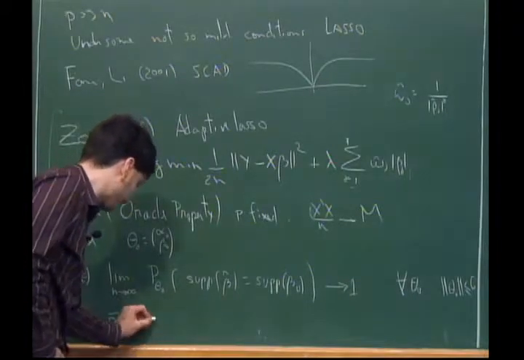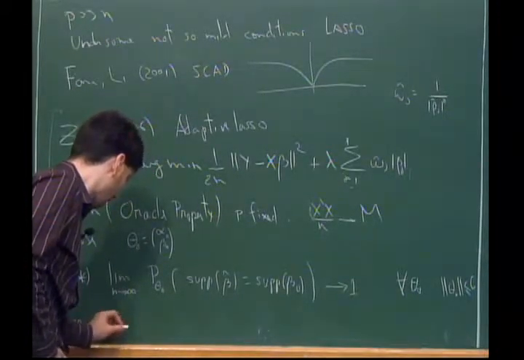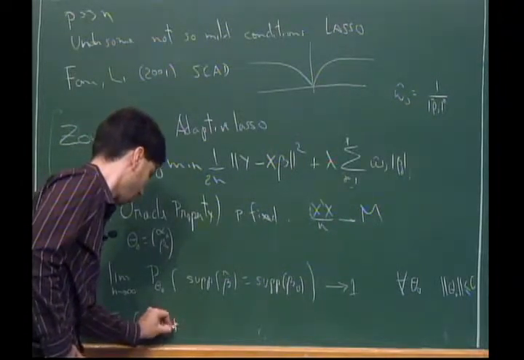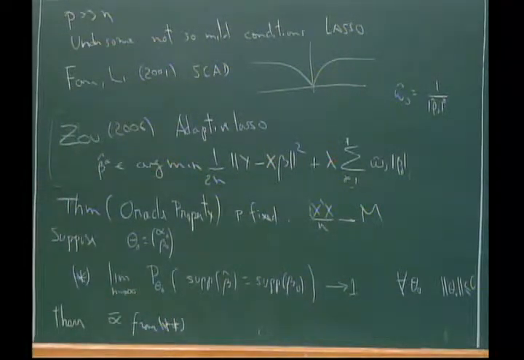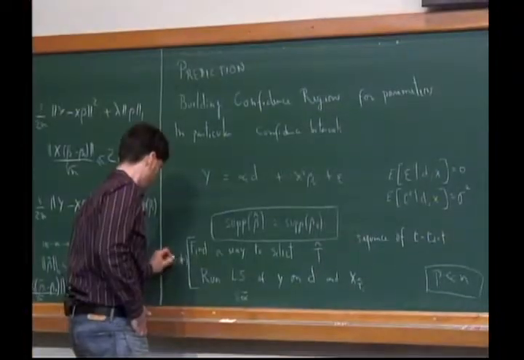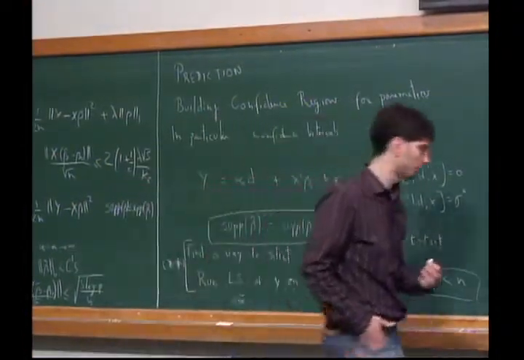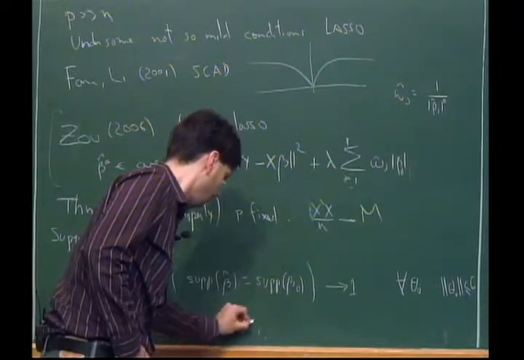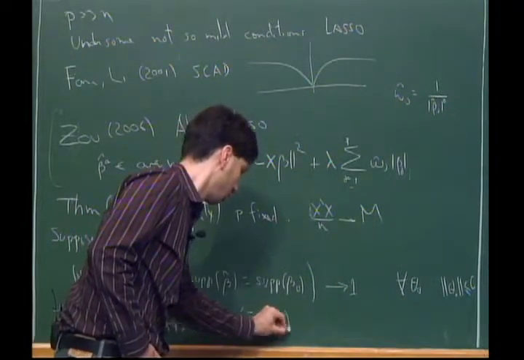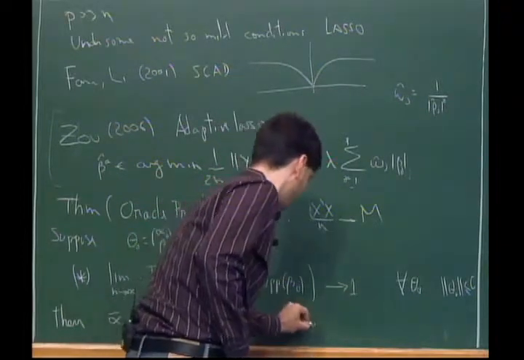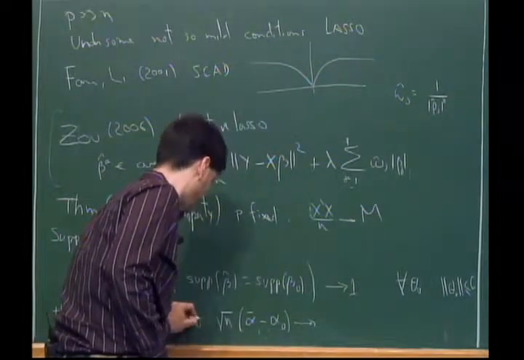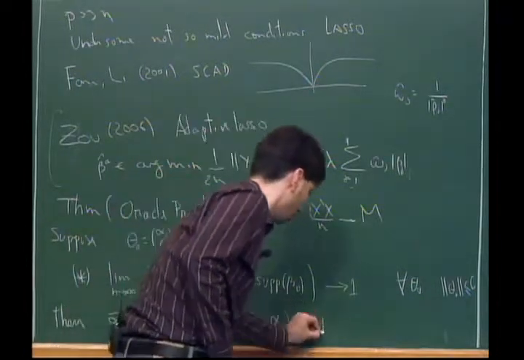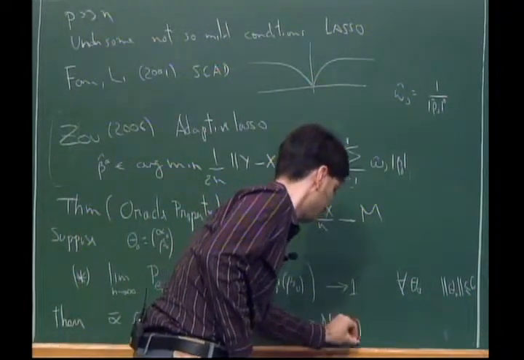Then alpha bar from this post-selection procedure is such that square root n times alpha bar minus alpha naught converges, after proper rescaling by some standard deviation, to a normal 0, 1.